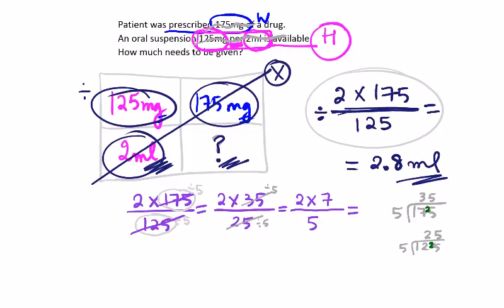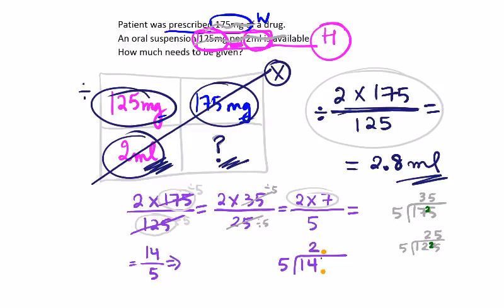So we just multiply the top. 2 times 7 is 14. 14 divided by 5. So here we probably would do a division again. 14 divided by 5. Let's place the decimal point at the end in case we need it. So 5 into 1 doesn't go, but 5 into 14 goes twice. 2 5s is 10.